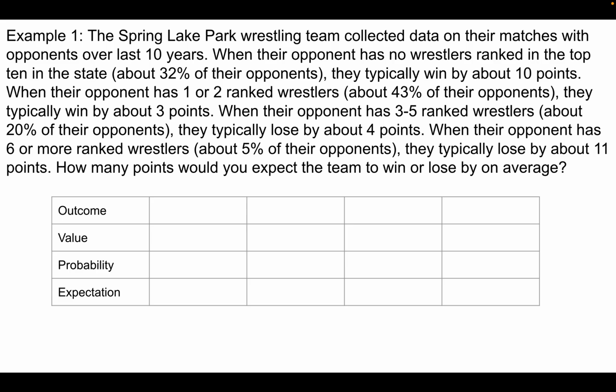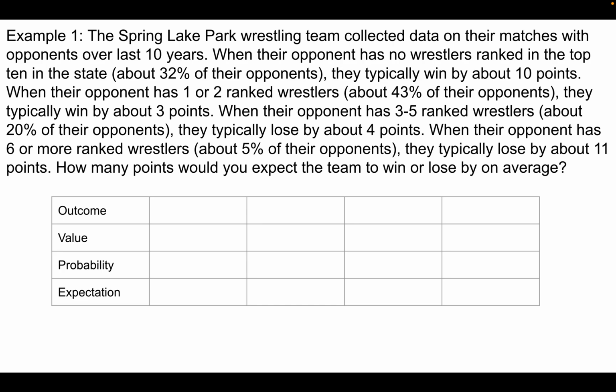Okay, so let's go through an example here. In example one, the Spring Lake Park wrestling team collected data on their matches with opponents over the last 10 years. When their opponent has no wrestlers ranked in the top 10 in the state, and that's about 32% of their opponents, they typically win by about 10 points.